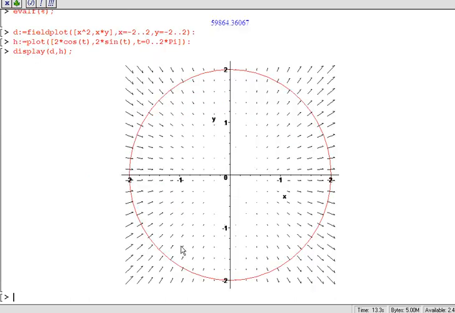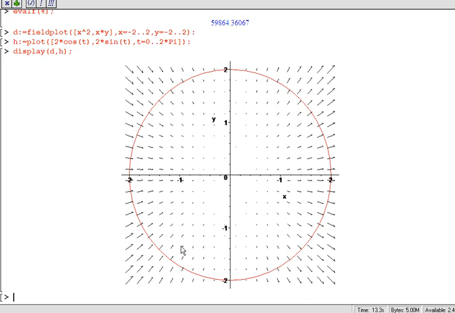And so we see that the vectors are perpendicular or orthogonal to the level curves, and they're pointing away. So the field is pointing away in quadrant 1, pointing to 0, 0 in quadrants 2 and 4.